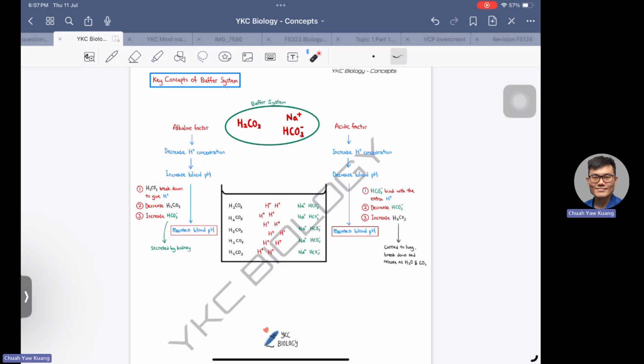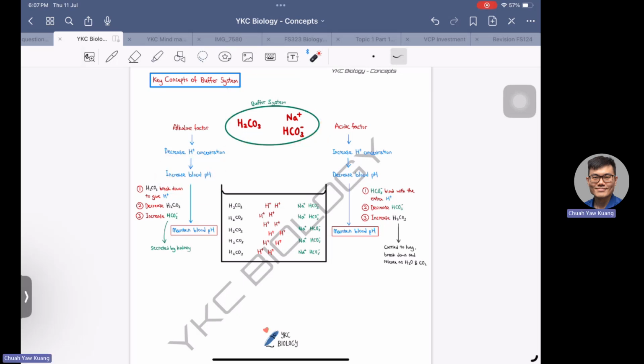Of course, our buffer system here won't allow the increase of the blood pH to occur, because our blood pH has to be maintained between 7.35 to 7.45. So how is the buffer system going to work on this to prevent the increase of blood pH?